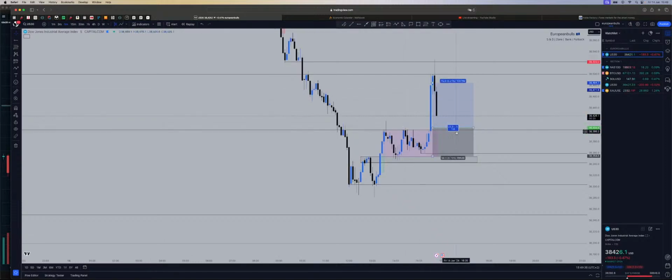I think I would enter at 404 on this area with the stops with 550, 354.